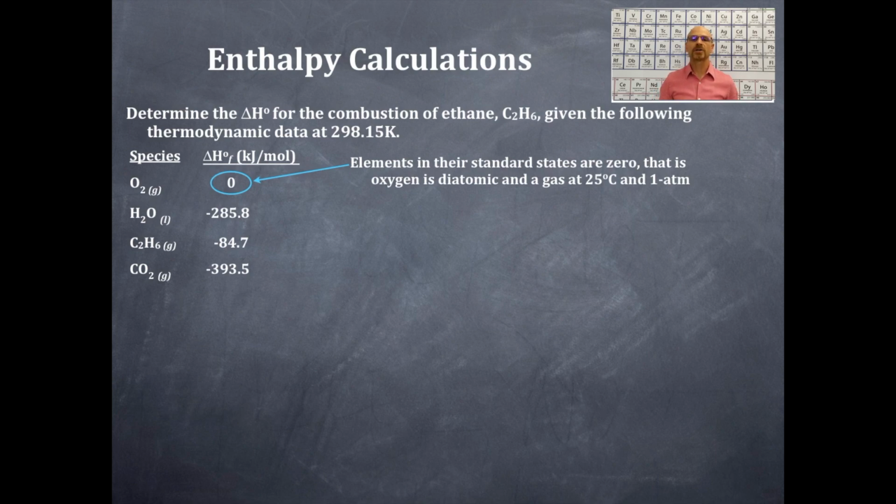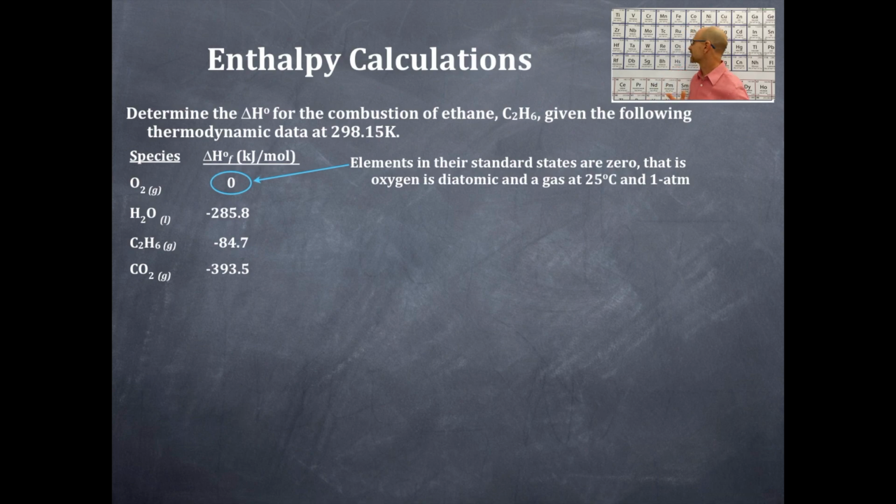Why is it not in your table? Because it is an element in its standard state. Oxygen is a diatomic molecule, and it is a gas at 25 degrees Celsius and 1 atmosphere. So at standard state conditions, which is 25 degrees Celsius and 1 atmosphere, oxygen is a diatomic molecule, okay? And its delta H naught of formation is 0.